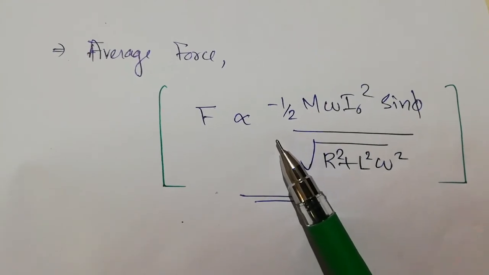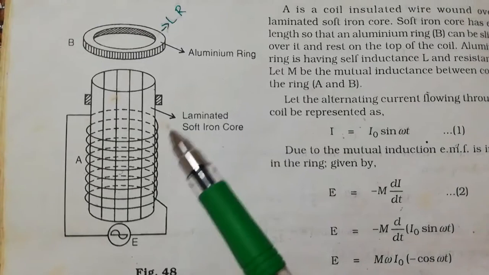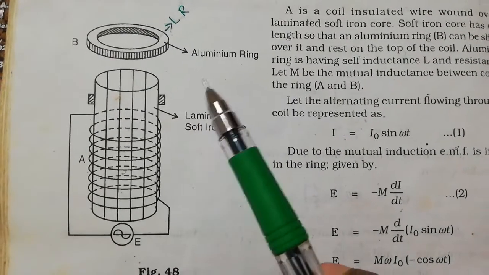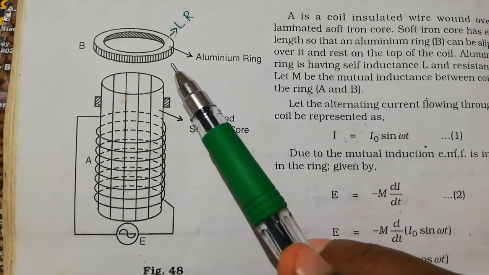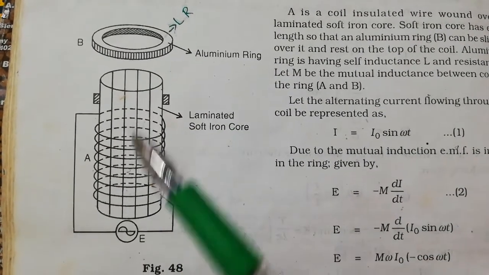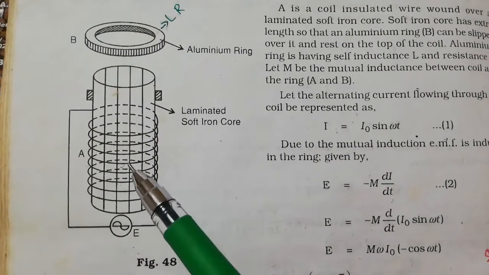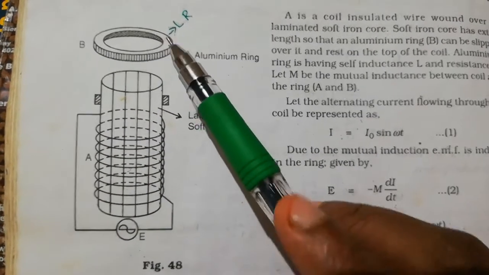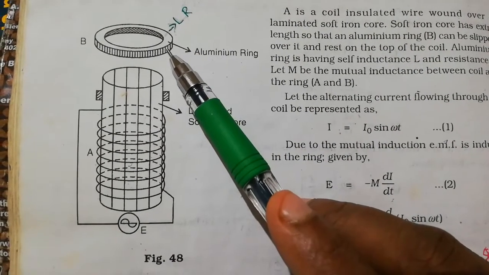Hence, there will be a strong repulsive force produced. So, the force produced due to the currents from A and B being in opposite direction, indicated by the negative sign, means that the current produced from here and here will be in opposite direction, which means that the magnetic field from the coil A and the ring B also will be in opposite direction.